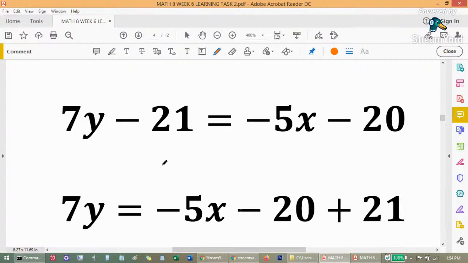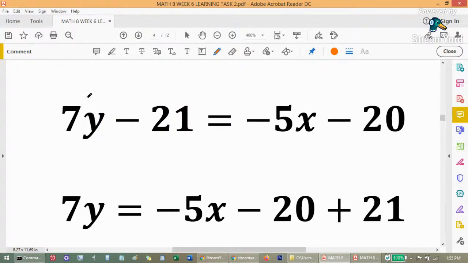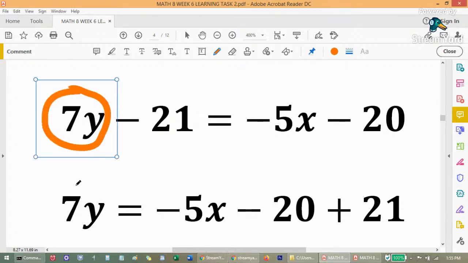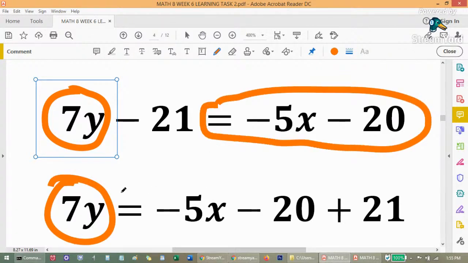Slope-intercept form. So, kailangan y lang ang nasa left side. Okay, kung meron kang equal sign dito sa kaliwa, dapat y lang ang nasa kaliwa. So, itong negative 21 na ito, kailangan i-transpose natin sa kabila. Okay, so mangyayari is 7y equals negative 5x minus 20.